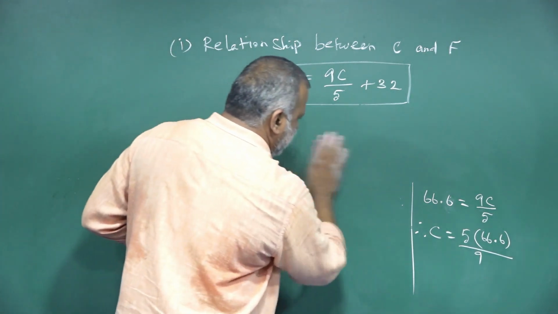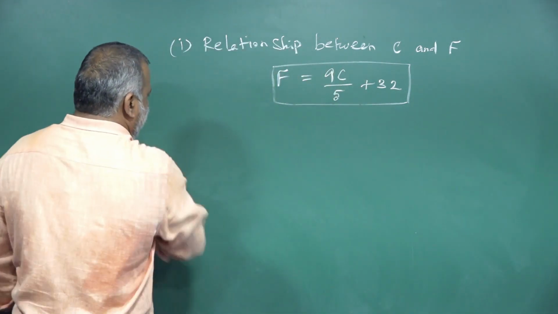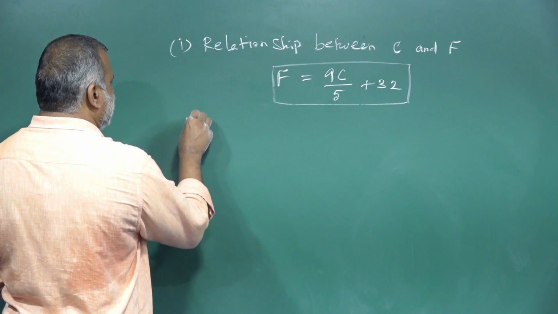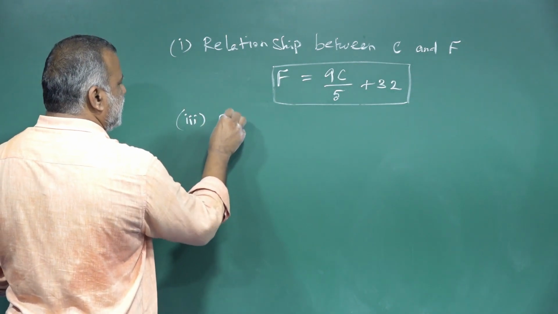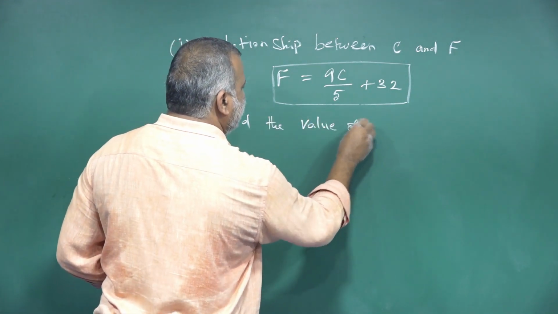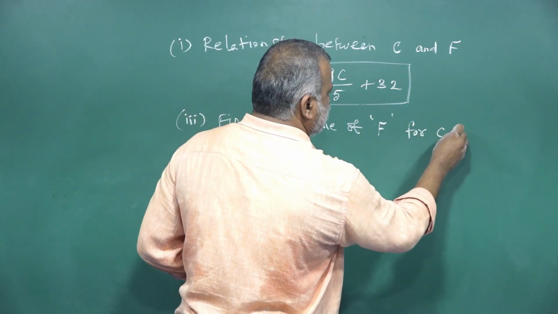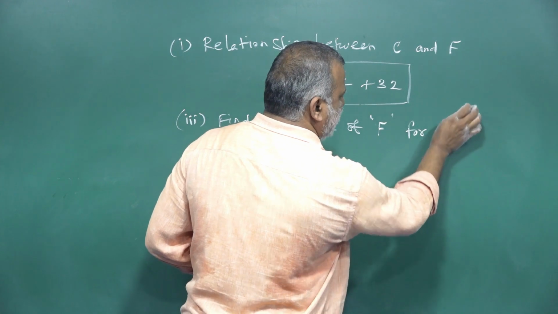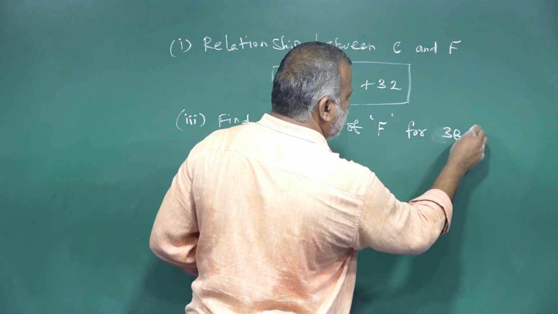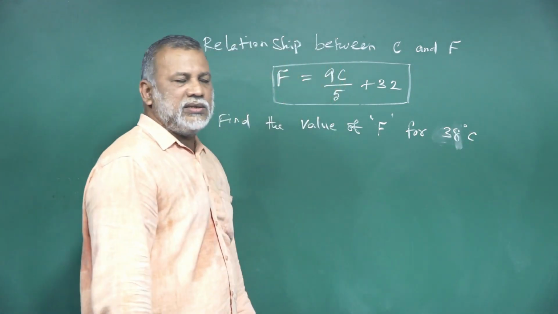Then the question number 3 in the same one, we are having one more subdivision. Find the value of F for 38 degree centigrade.